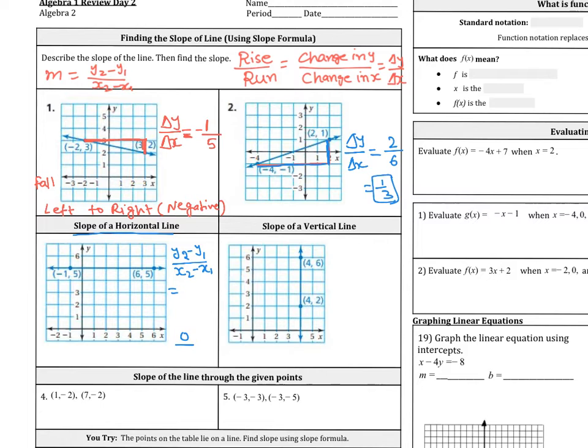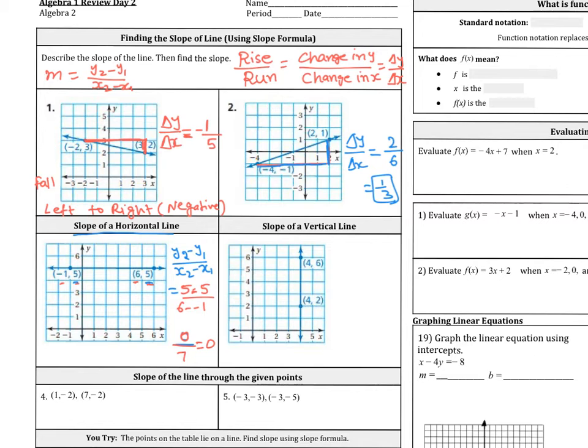So y2 minus y1 is 5 minus 5, divided by x2 minus x1, so x2 minus negative 1. So that's going to be 0 on the top, and on the bottom 6 plus 1 is 7. So the slope of a horizontal line is 0.